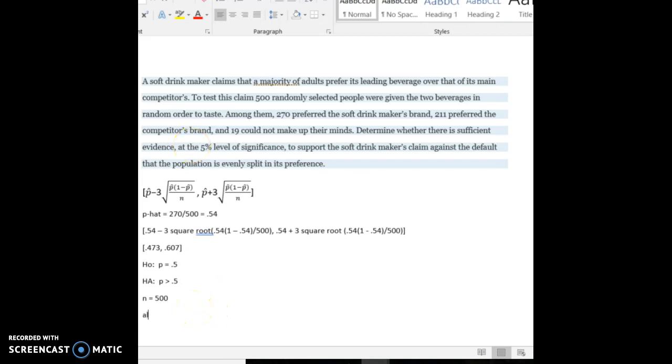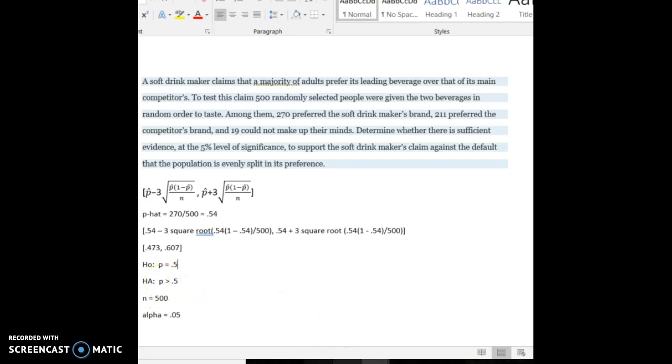Now, alpha is going to be 0.05, but since this is a right-tailed test, this is pointing to the right, when we look up the proportion in our z calculation, we need to look up the area that is to the left, and 0.05 is going to be to the right for our hypothesis test, but what will be to the left of that 0.05 will be 0.95. And we'll do this anytime we have an alternate hypothesis that is greater than whatever we're looking at.